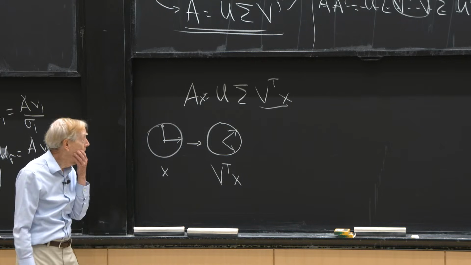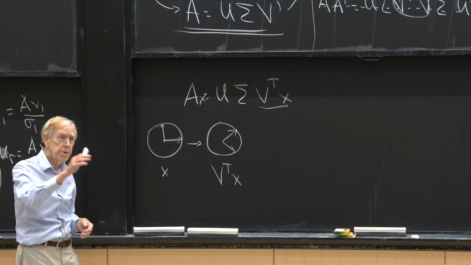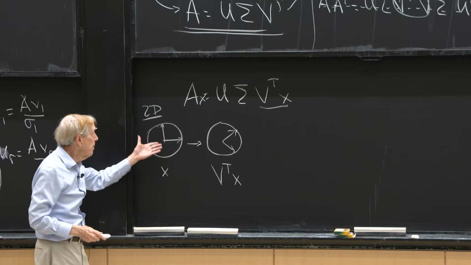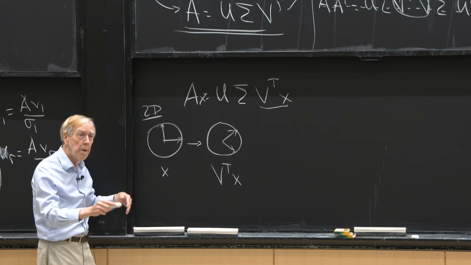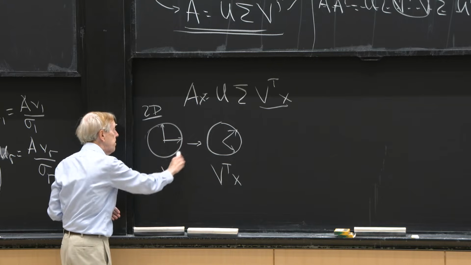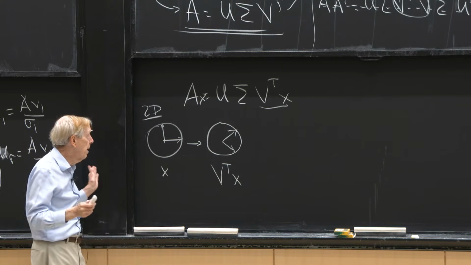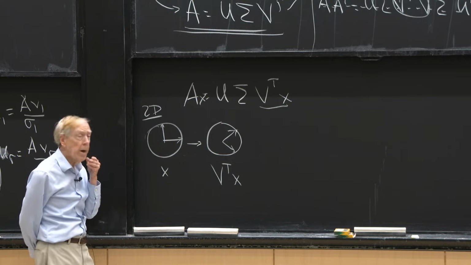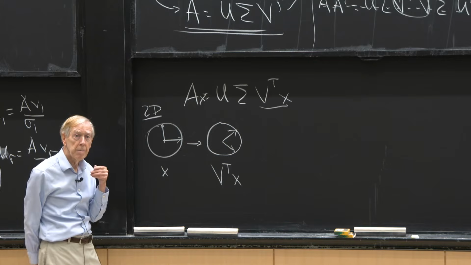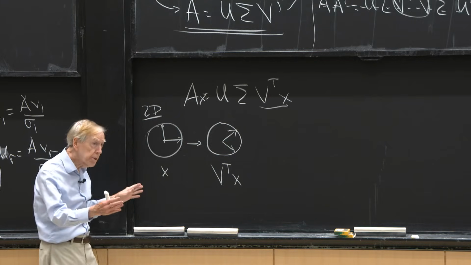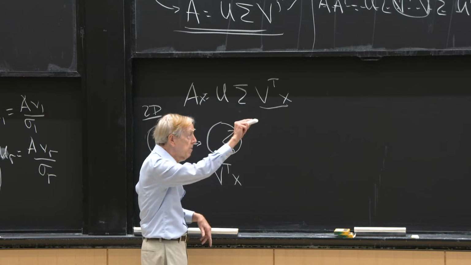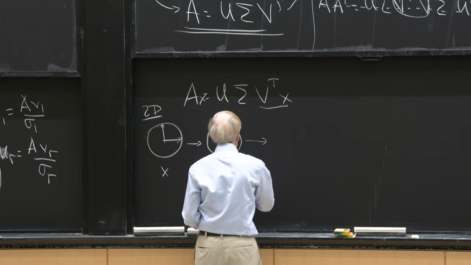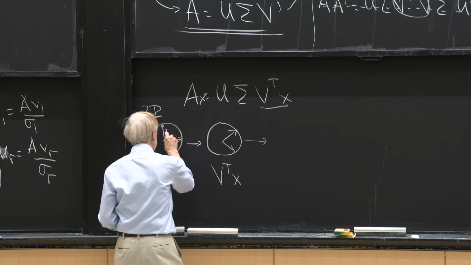Now, what does sigma do? So I have this unit circle. I'm in 2D. So I'm drawing a picture of the vectors. These are the unit vectors in 2D, x, y. They got turned by the orthogonal matrix. What does sigma do to that picture? It stretches, because sigma multiplies by sigma 1 in the first component, sigma 2 in the second. So it stretches these guys. And let's suppose this is number 1 and this is number 2.